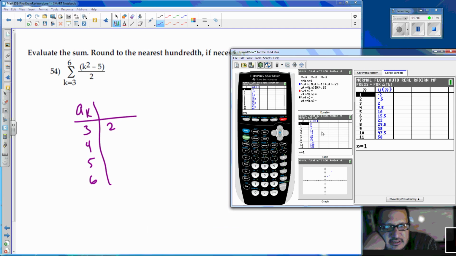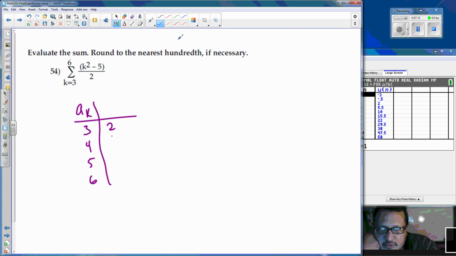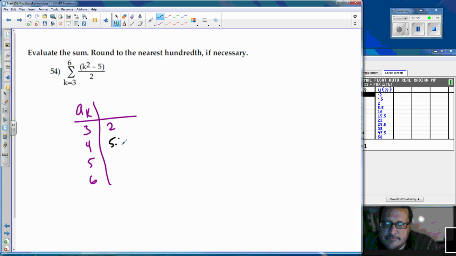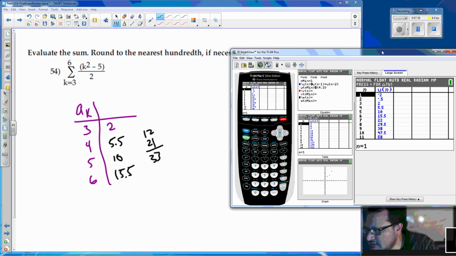So what I have here is basically 3 is 2, 5.5, 10, 15.5. So we can just add these up. This is going to be 12 plus, this is going to be 21. Looks like 33 is our answer.